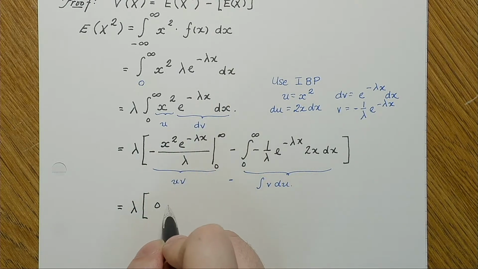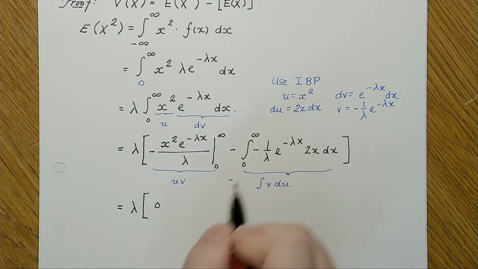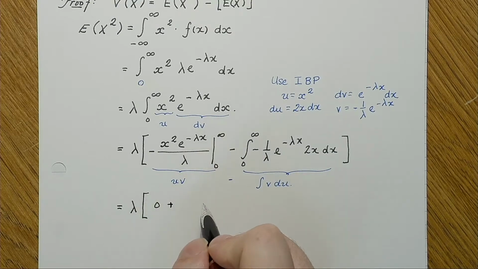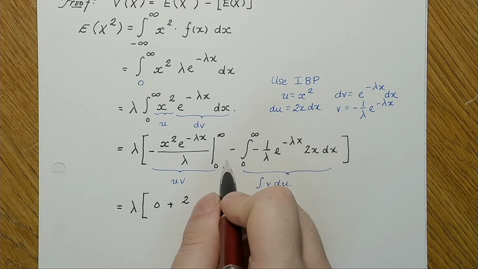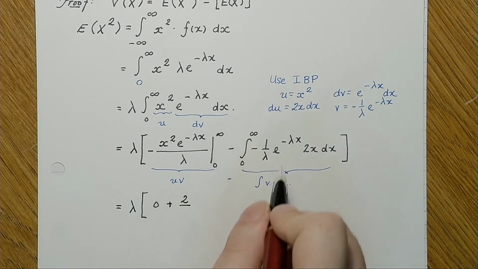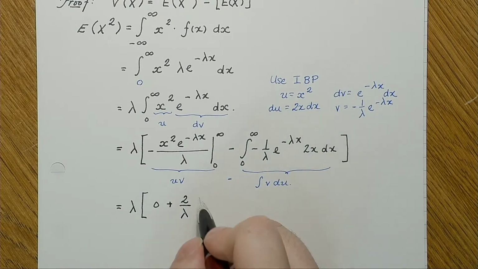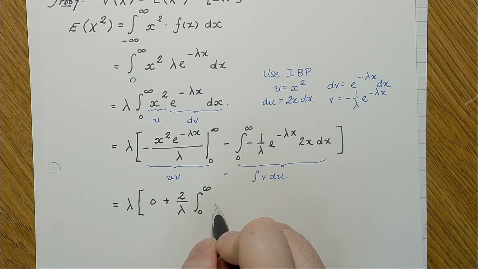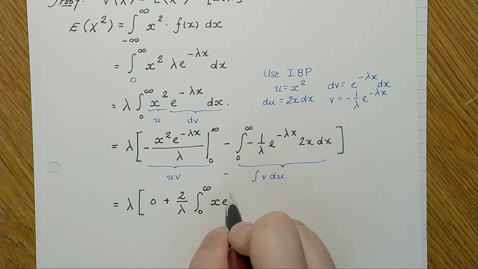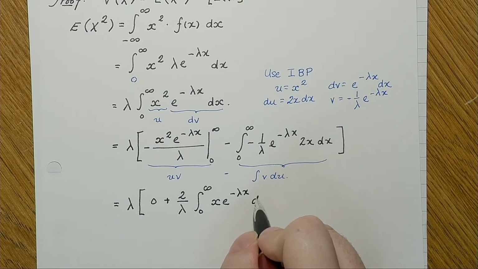So that's still 0 there. I have a minus and a minus, so that becomes positive. I have a 2 I can bring out to the front here. I can also bring out the lambda, and I'm still left with the integral from 0 to infinity of x e to the minus lambda x dx.